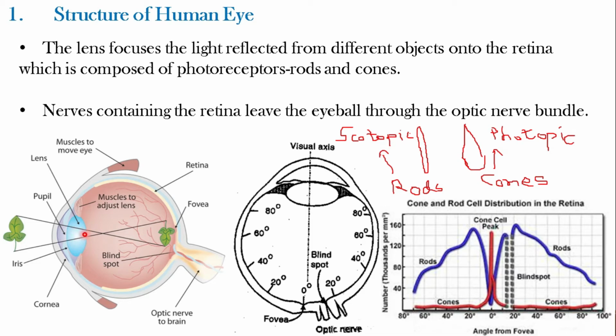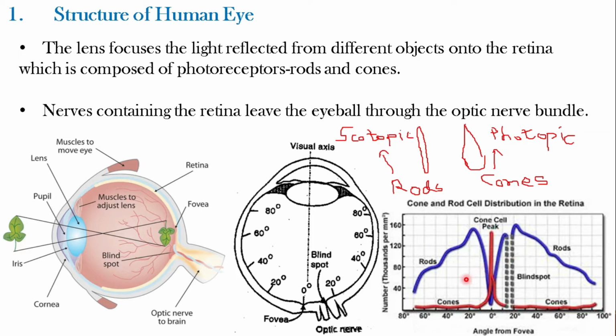Now as the front part of the eye is curved, it bends the light, creating an inverted image on the retina. You can see here the image on the retina is inverted, and this image is going to the brain, but the brain eventually turns the image right way up by again inverting it, and we see the image the same like this.